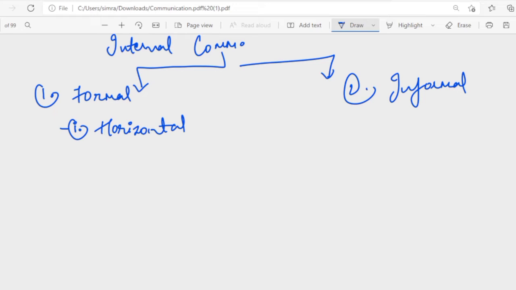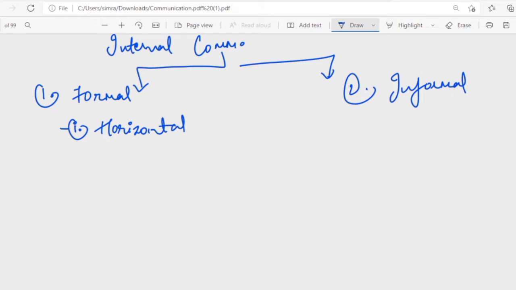When Professor A is communicating with Professor B, what is this known as? Horizontal. When student X is communicating with student Y, what is this? Horizontal.